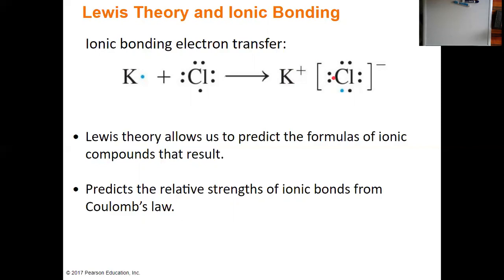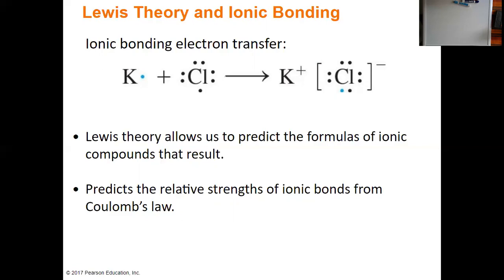We are going to be able to predict the formula of different ionic compounds using this method, because a metal atom should lose electrons to gain an octet, and a non-metal atom should gain however many electrons it needs to make an octet.